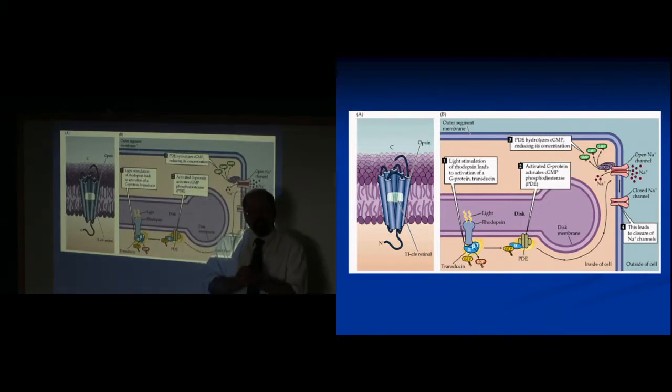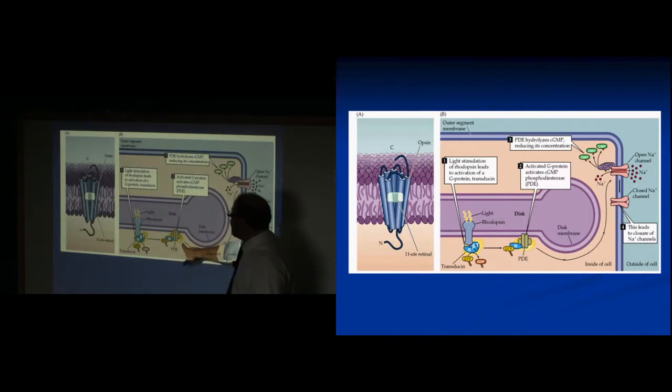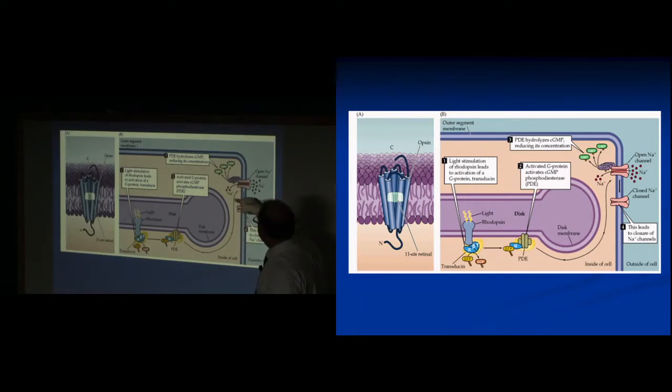Again, don't memorize the specifics. Biochemical cascade is good enough. When we alter this function, we're going to change activity of enzymes just like second messengers in other places. That's going to activate another enzyme. This enzyme is then going to affect activity of sodium channels.